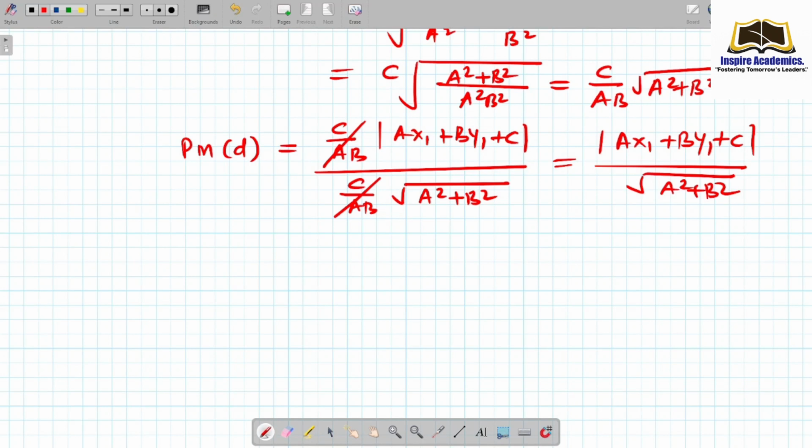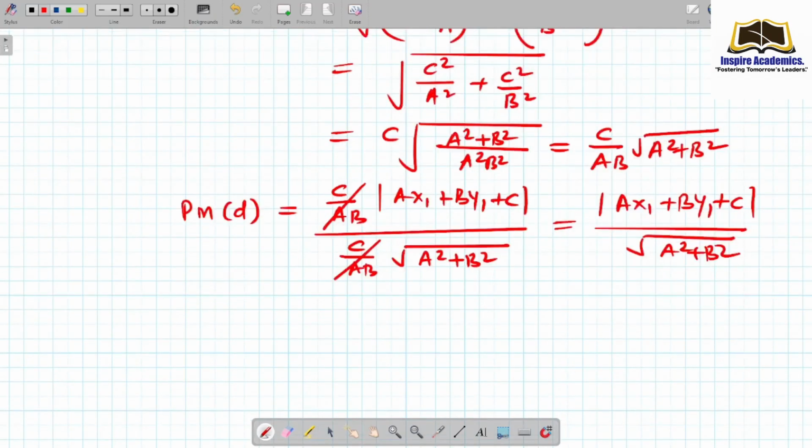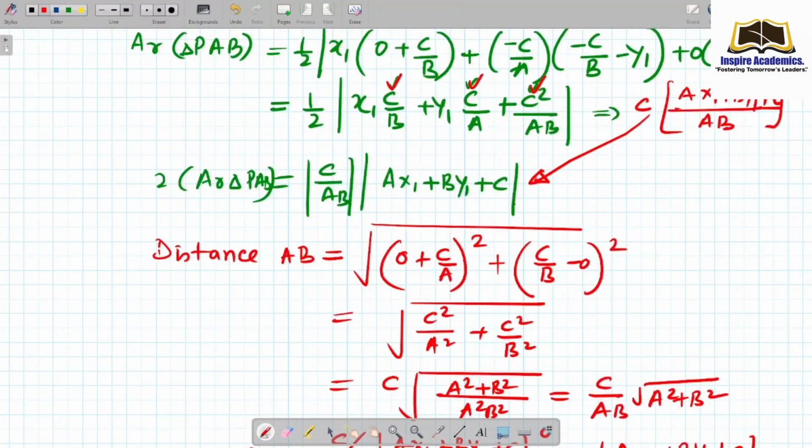हाँ तो 2 निकल यहाँ नीचे नीचे. Which two? PM का formula में 2 into area of triangle PAB upon AB. हाँ, so already हमने 2 into AB ही तो निकाला है ना यहाँ पे. यहाँ देखिए ध्यान से, twice into area of triangle PAB, सेम ही चीज निकाली है. ऑलरेडी 1/2 था तो 2 को transpose करके हमने twice कर दिया था.